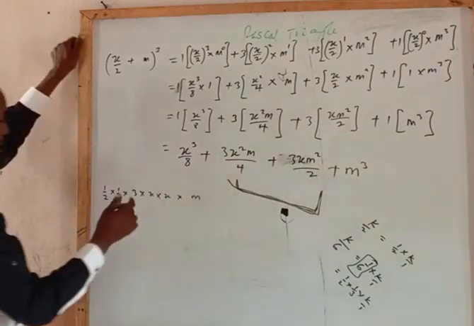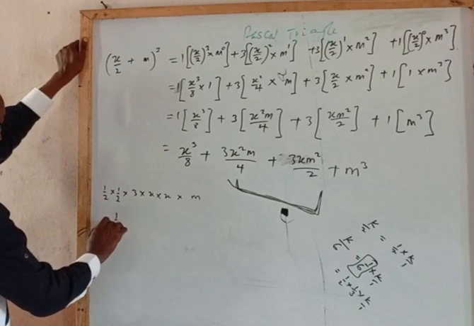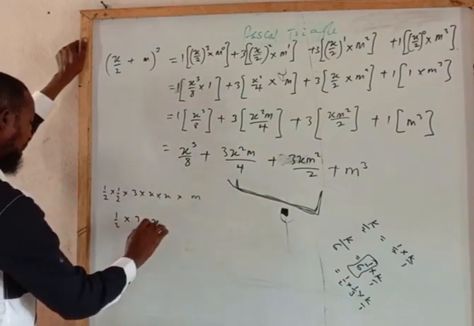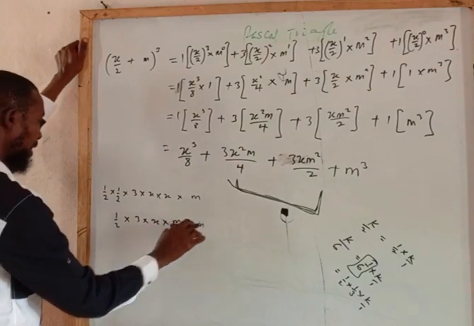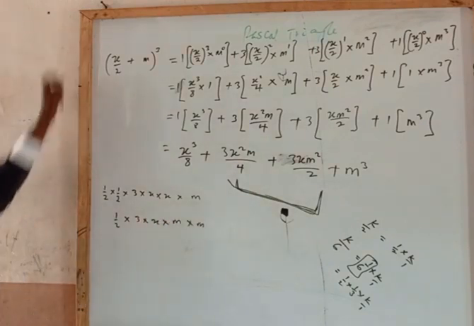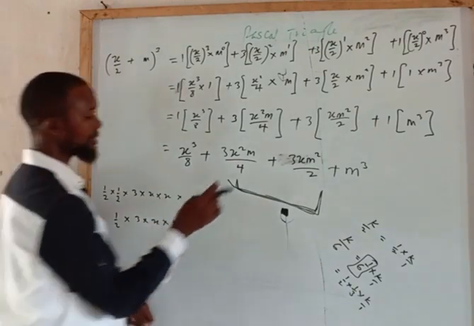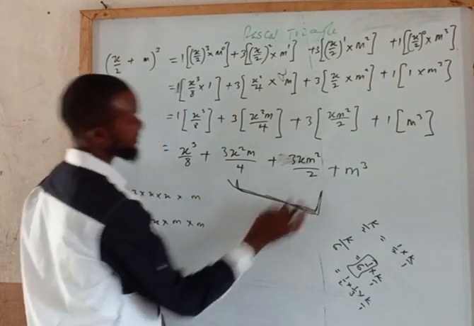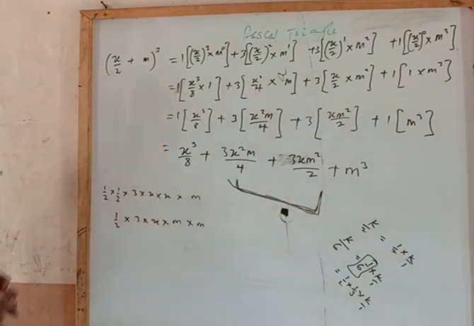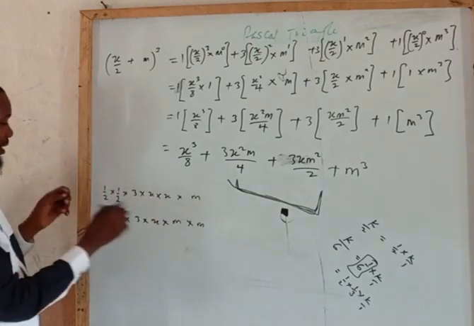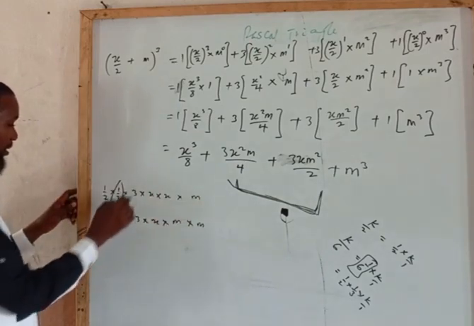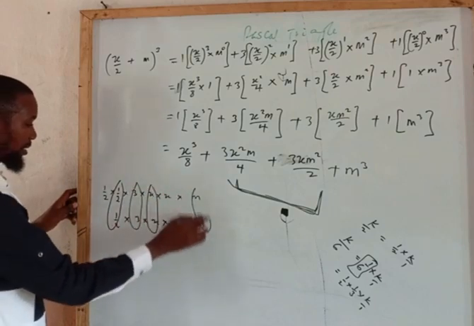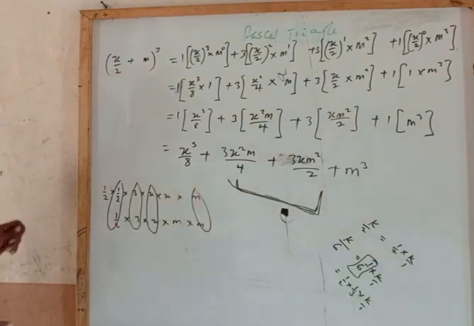Then also here, I can write that one as 1 over 2 times 3 times x times m times m. The essence of doing this is I want to factorize, that is, I want to fish out the common term to this and this. Now let's pick those things that are present here as well as here. We can see 1 over 2 is here, 3 is here, x is here, m is here. That's all that is common.